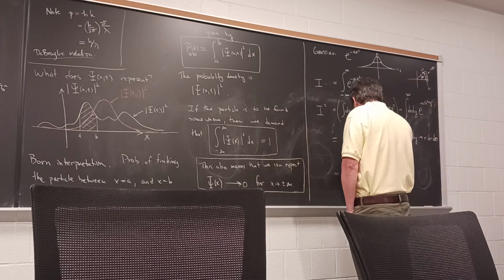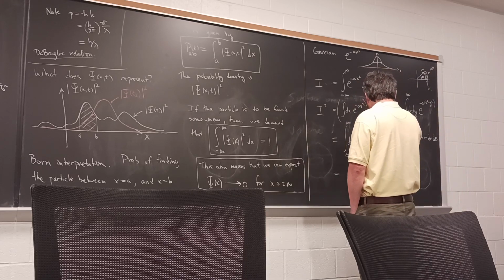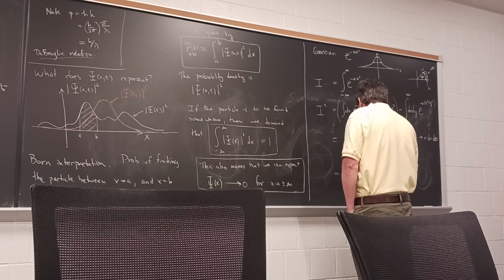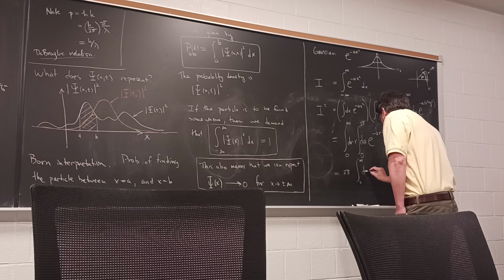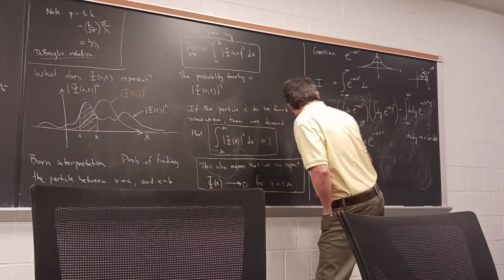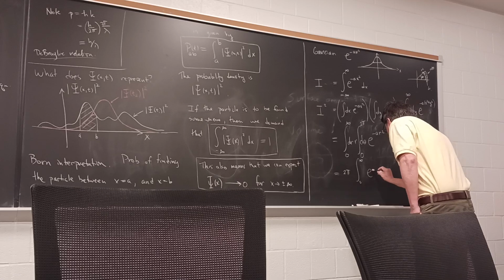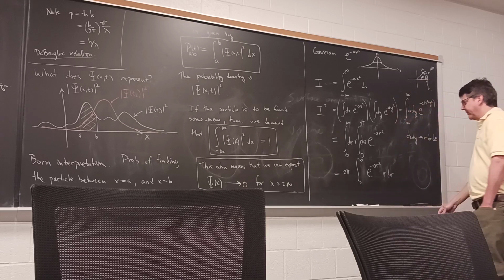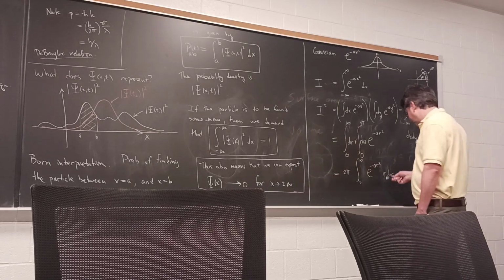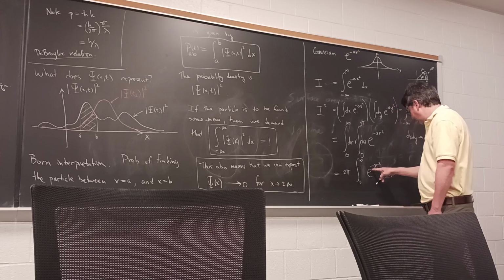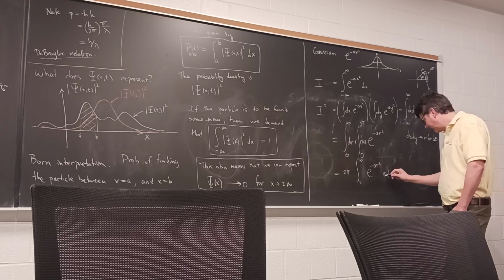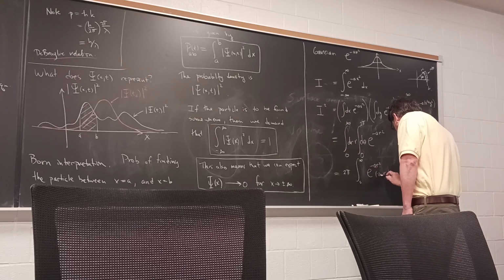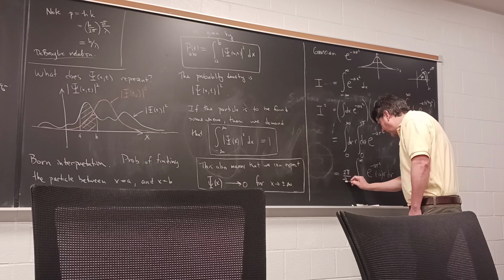So the d theta integral, there's no thetas anywhere else, so a 2 pi just comes out. And then we have the integral from 0 to infinity of e to the minus a r squared r dr. In order to make this exact, the derivative up here would be minus 2a r dr, so I need to divide by minus 2a.